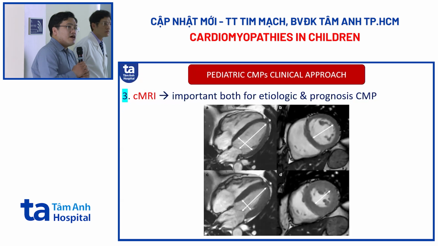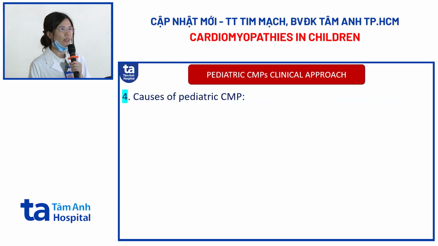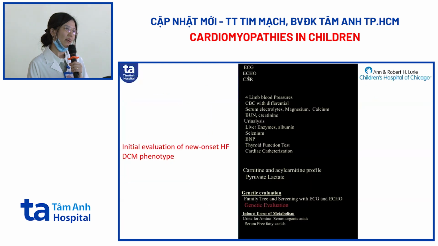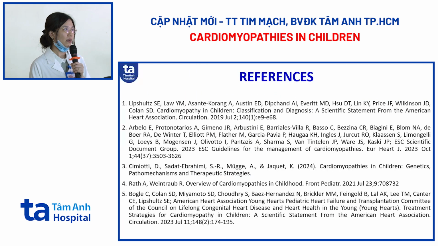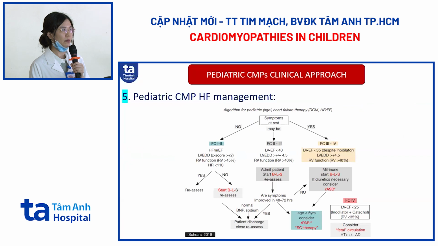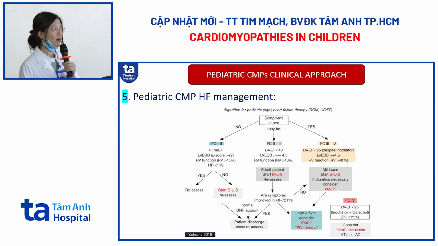And how about you share your experience about the treatment for patients with dilated cardiomyopathy? For children diagnosed with dilated cardiomyopathy, nowadays after diagnosis we always do genetic testing, and in some cases we find a mutation, like lack of carnitine.